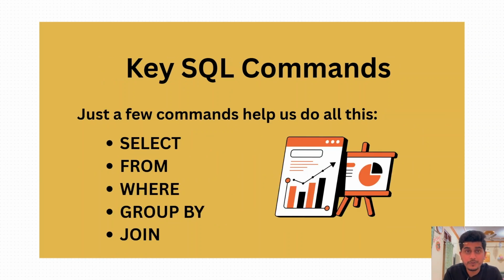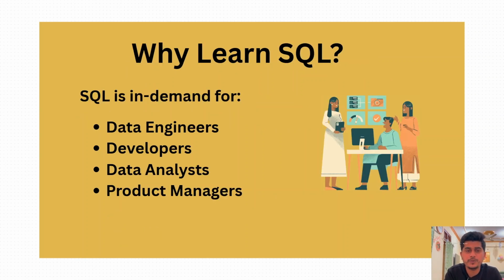When you are working with SQL, you need to know a few key commands, which are select, from, where, group by, join. These are only a few; there are many you need to learn, and in coming videos you will learn each of them in detail. So why do we need to learn SQL?